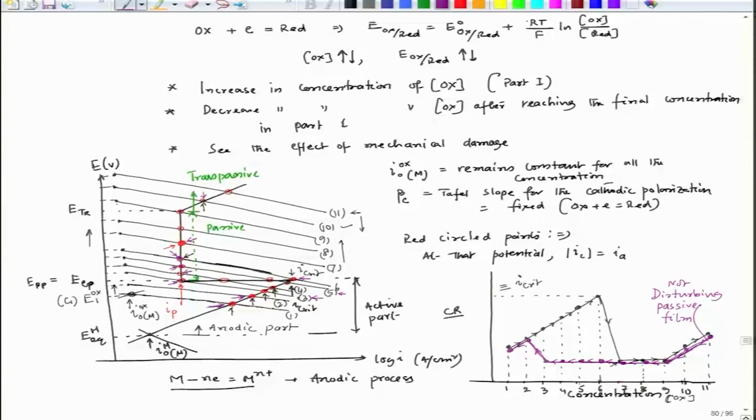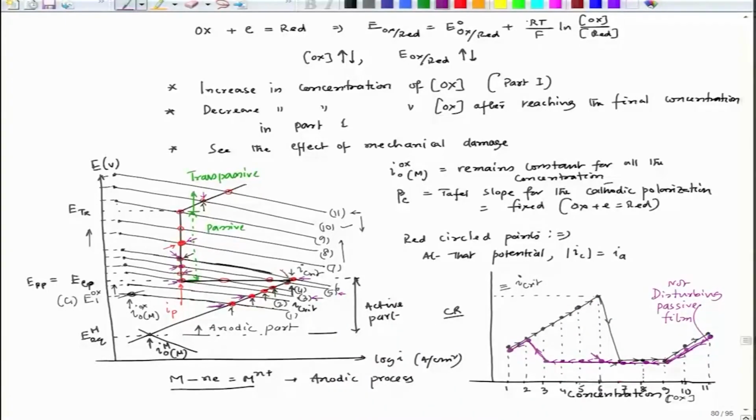Let us say after reaching 6, that means we have this point, which is basically the corrosion rate when we return from C11 to C6. At C6, initially the point is here without disturbing condition, but if we now disturb, let us say the surface is scratched. Okay.